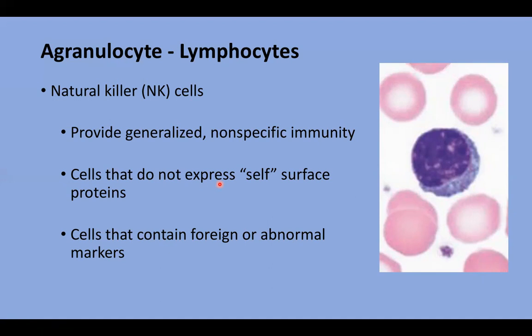This is important because it makes it very easy for your immune system to distinguish what cells belong in Miss Roche and are identified as self, and those which do not. Those which do not have this self-surface protein are going to be targeted to be taken out by the immune system.